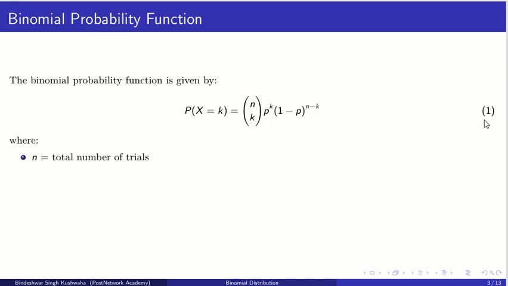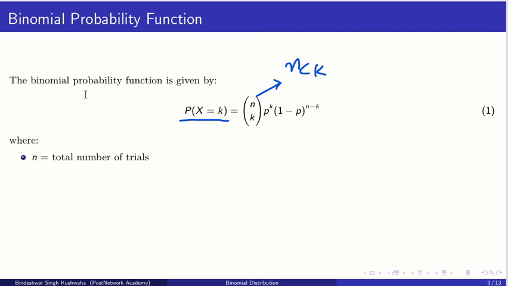So first of all, we will understand the binomial probability function. You can see that a binomial probability function is given by the probability of random variable X, for value k, that is nCk p^k (1 minus p)^(n minus k).